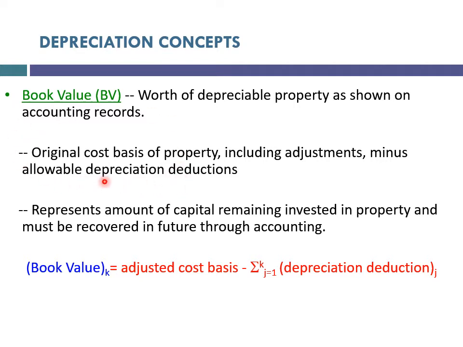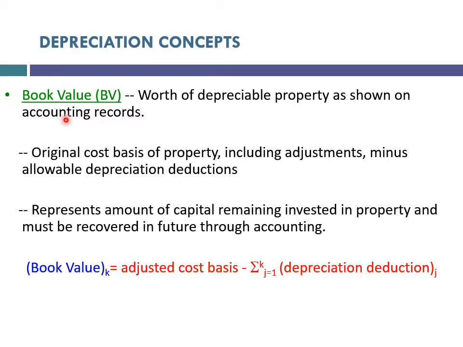So we will be calculating the book values of the assets when we learn different depreciation methods. And this book value represents the amount of capital remaining invested in this property and must be recovered in future through accounting, by not paying the tax on this, by deducting their value from the tax.